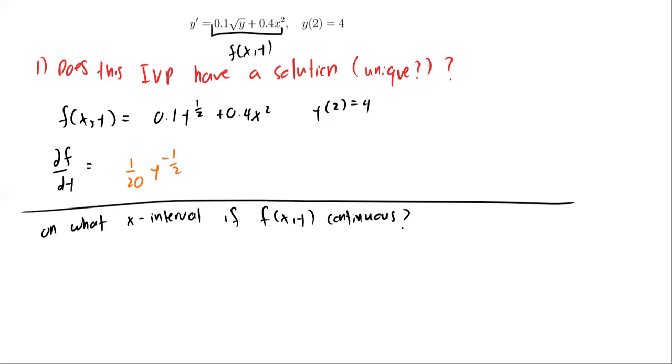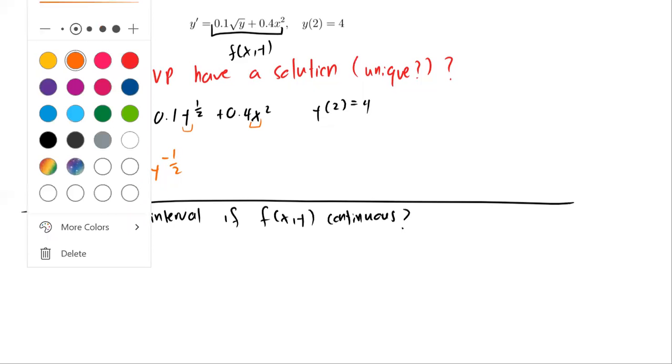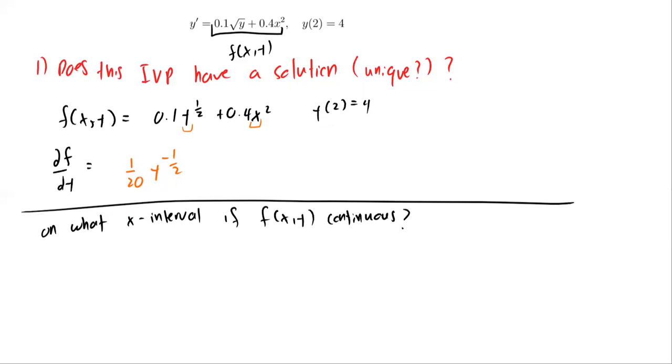Well, I have some restrictions on y in terms of f of x, y because I have the square root of y. In terms of x, I can plug in anything for x here, which means for our purposes that whatever works in 1 dimension should work in 2 dimensions. In terms of the interval about the x-axis, we can take negative infinity to infinity. We can plug in any x value.